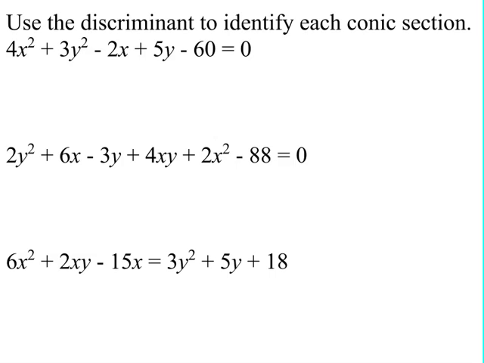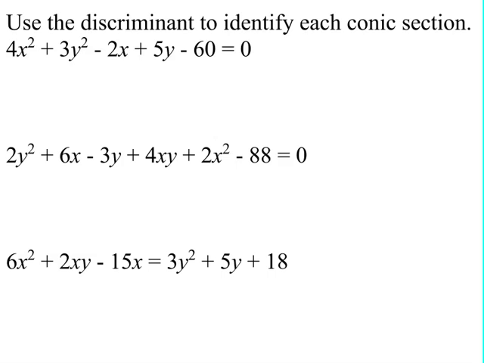Okay, so B refers to the coefficient of xy. A refers to the coefficient of x squared, and C refers to the coefficient of y squared. So here we go. What is B in this first example? B, there is no B, right?